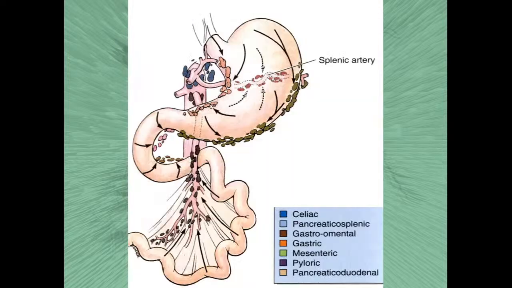Very interesting and very important is the lymphatic drainage from the stomach, and knowledge about the blood supply is very useful. As you remember, at the lesser curvature of the stomach, the anastomosis between the left and right gastric arteries is formed, and corresponding groups of lymphatic nodes are present: left gastric lymph nodes and right gastric lymph nodes.